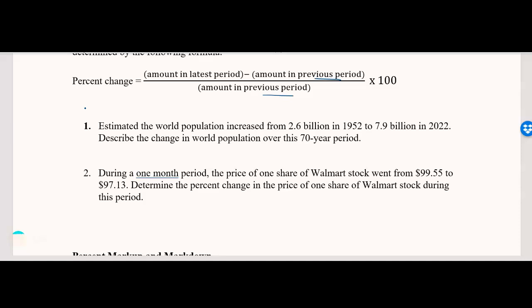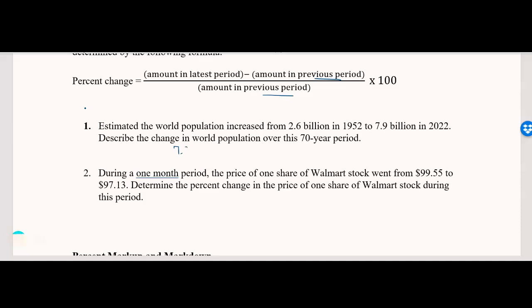Estimated the world population increased from 2.6 billion in 1952 to 7.9 billion in 2022. Describe the change in world population over this 70-year period. Again, when we're talking about change, we're talking about is this a percent increase, a decrease, but it's a percent change. I'm going to go back to the formula. We want the amount in the latest period. That would be the amount from 2022.